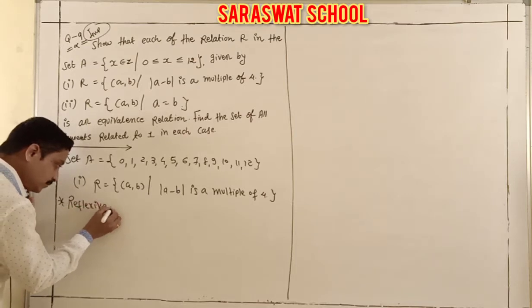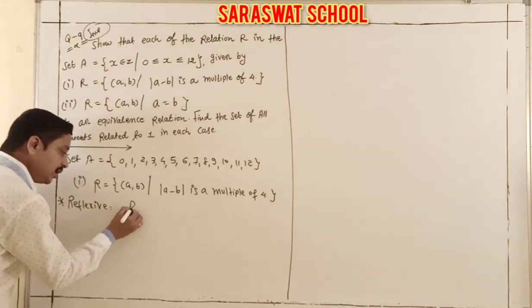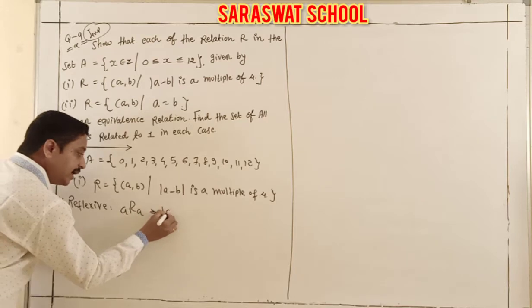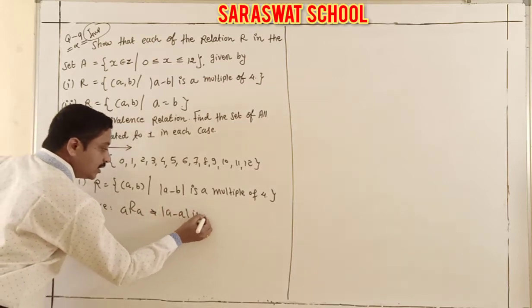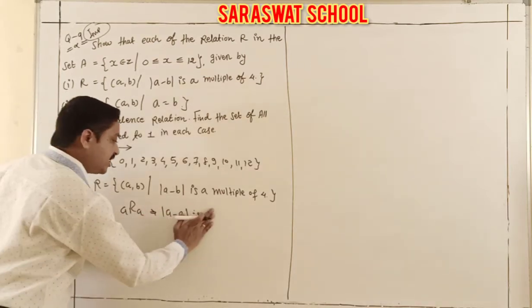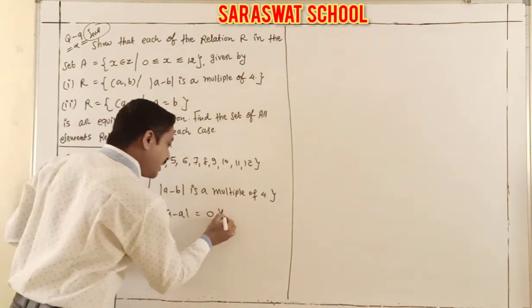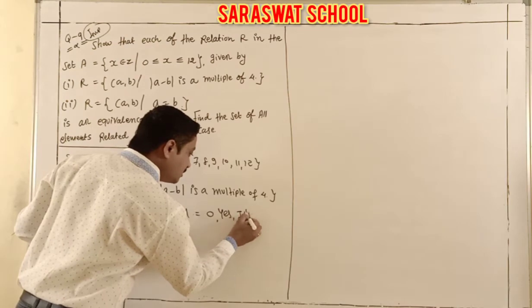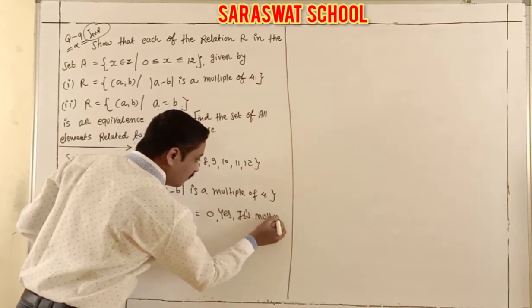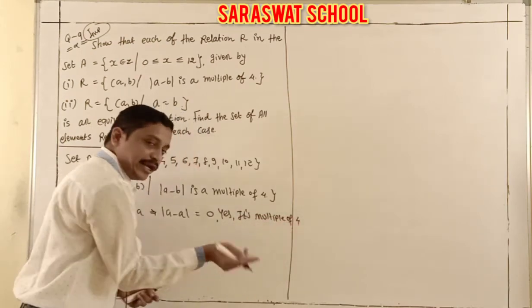First of all, I am going to check the reflexive relation. What is reflexive? For a relation, a minus a is a multiple of 4. Yes. Is 0 related to 0? Confirm, yes, it is a multiple of 4, since 4 times 0 is 0.